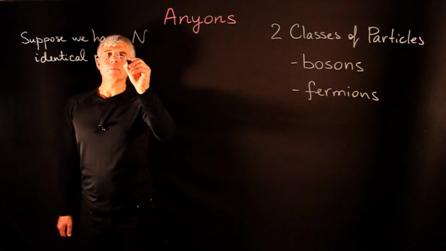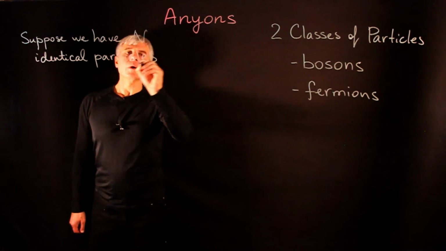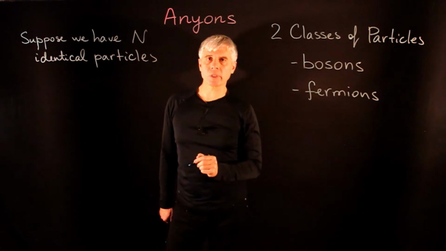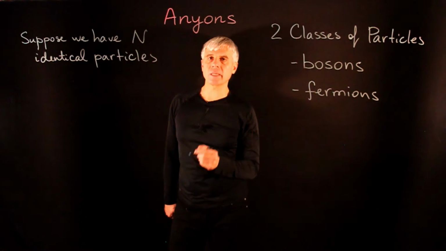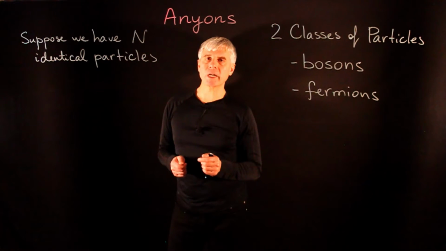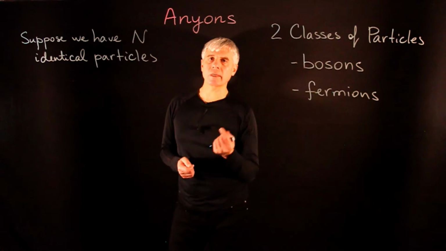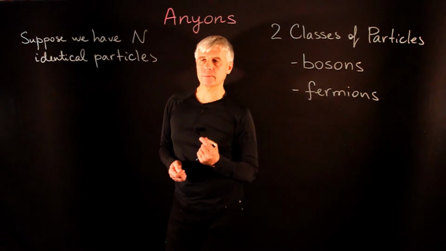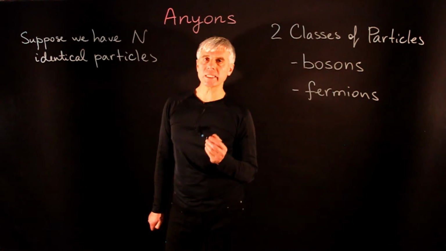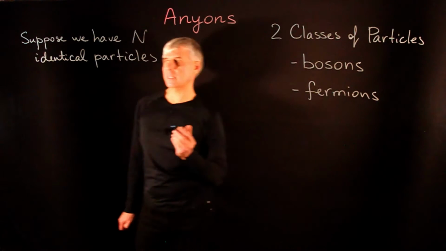Where even all quantum numbers associated with these particles are the same. So for example, all these particles have the same spin state, and the only thing that is different for them is the location. We know that a quantum system is described by its wave function.